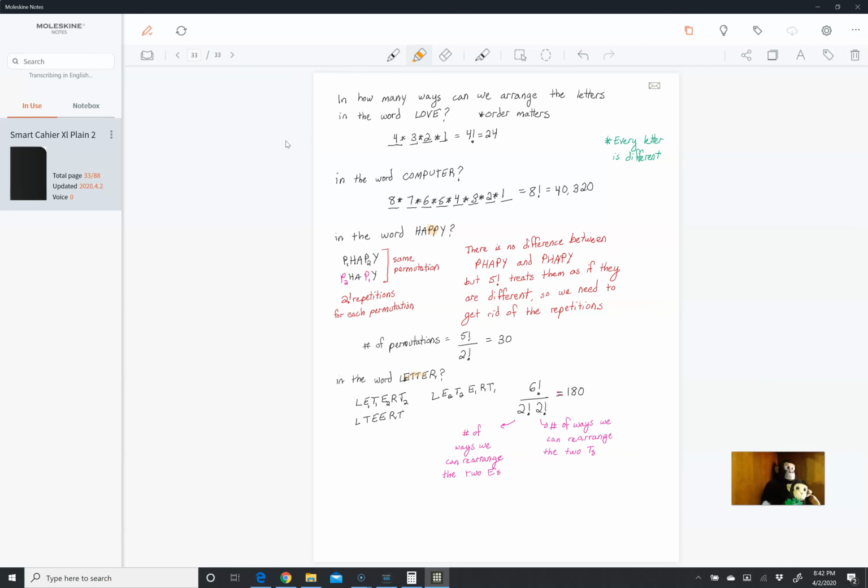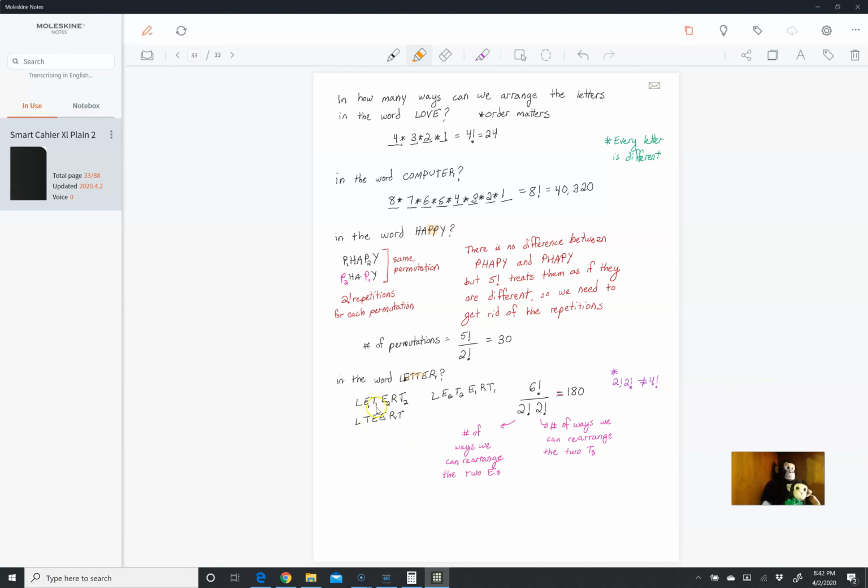So just as a quick note, I want to be clear. 2 factorial times 2 factorial is not equal to 4 factorial, okay? The T's and the E's are not the same letter.